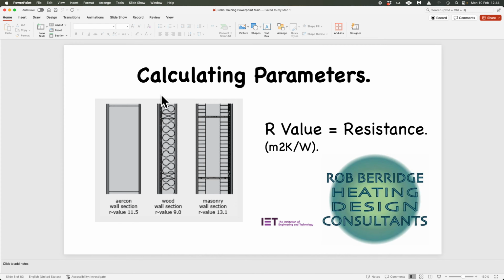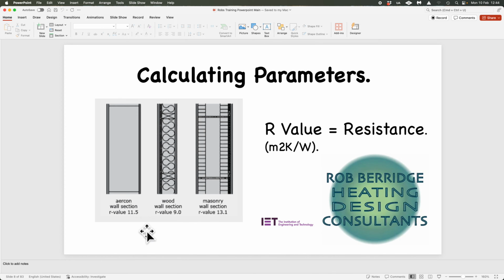So, with resistances, we need to start looking at some figures. We need to know what a number means, what a resistance in meters squared Kelvin per watt actually means. Now, if we look at these three typical constructions, okay, we've got an aircon wall section here, we've got a wood section, okay, and the R values are different.